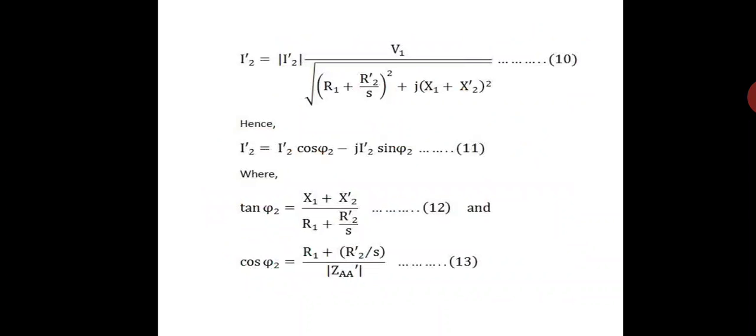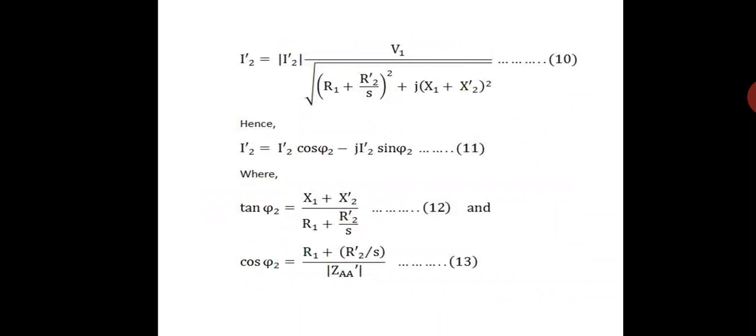Whereas from the impedance triangle, we can write tan φ equal to X by R and cos φ equal to R by Z. So this is the basic formula for an impedance triangle. So tan φ means X by R of a circuit, cos φ means R by Z of a circuit.